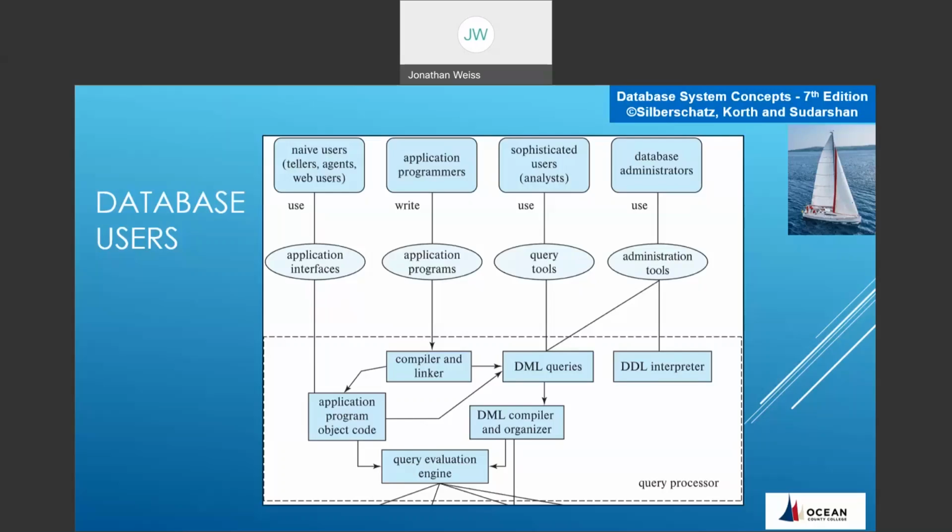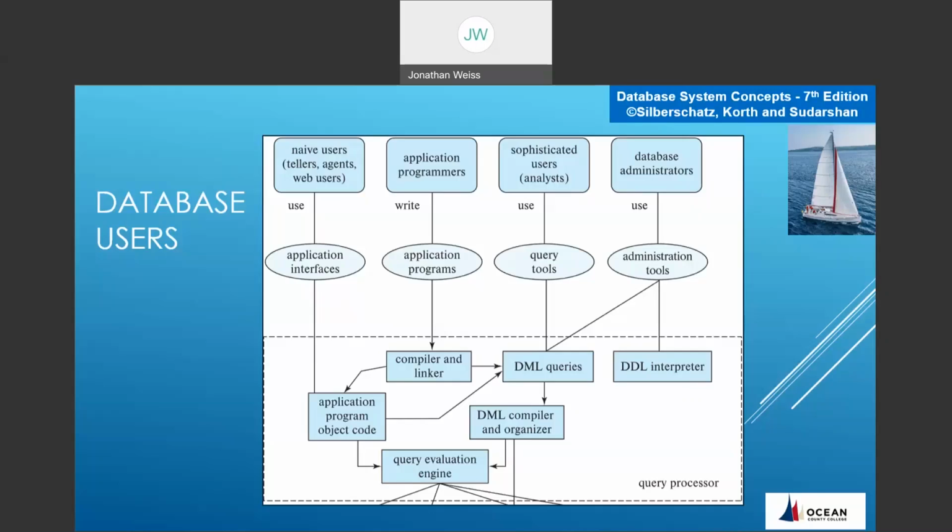You have your application programmers. They're the people who might build the interfaces to those queries that the analysts provide. They may implement those in terms of screens on a client, and in terms of how they interact with the query processing. So these application programmers deal in procedural languages. Analysts deal in SQL.